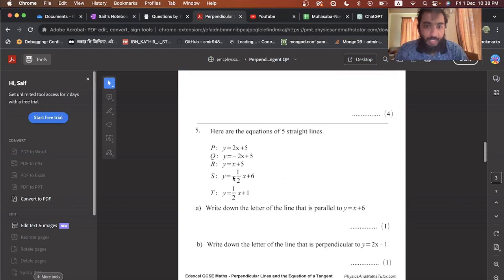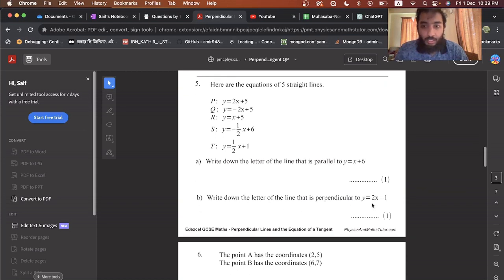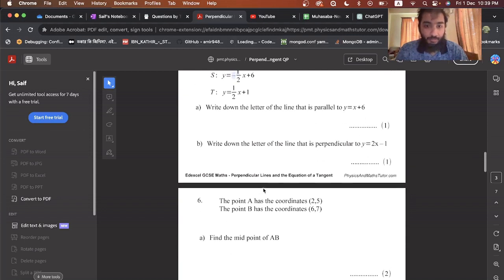In the second problem, 5 lines were given, and in the first part we had to find the line that is parallel. Parallel lines have the same slope, which is 1, so only R has a slope of 1. R was the answer for A. For B, we had to figure out what is perpendicular to this line. With a slope of 2, the perpendicular slope would be -half, and S fills that criterion.